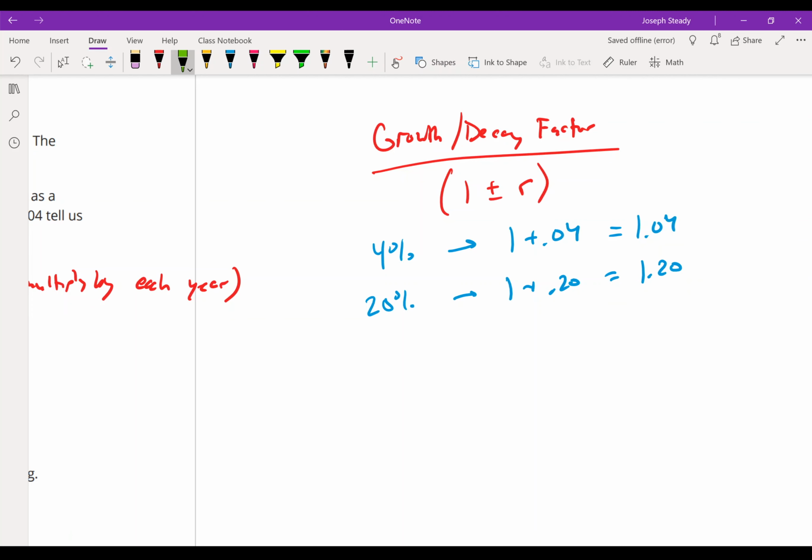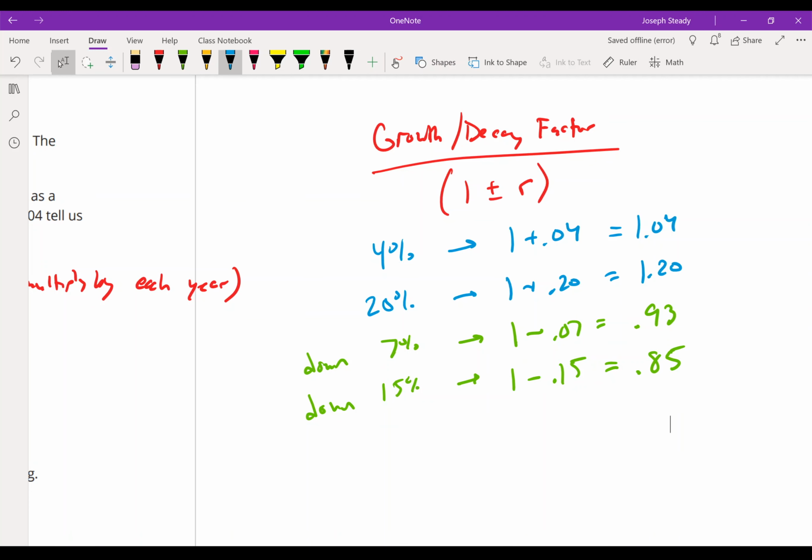We can go the other direction. Let's say it was going down by 7% each year. Well, that would be 1 minus 0.07, which gives us 0.93. And let's say it was going down by 15%. Well, that would be 1 minus 0.15, or 0.85.